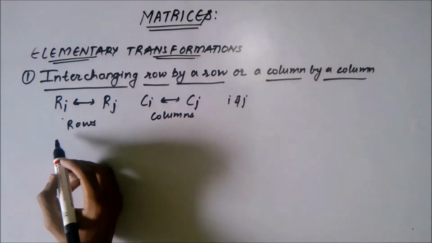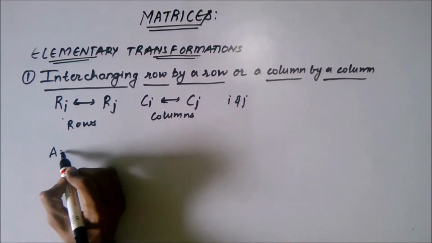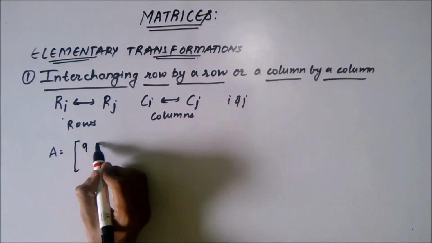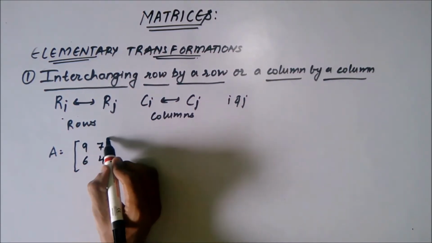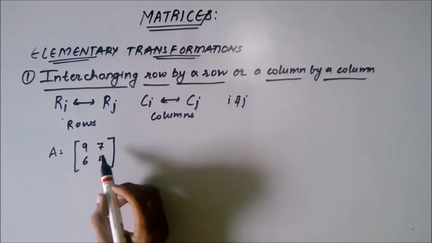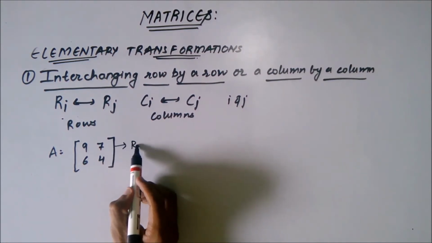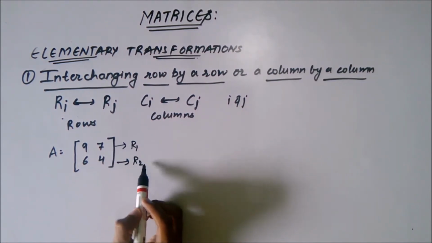So let's take an example. Suppose A be a matrix 9, 7, 6, 4. So suppose this is the row 1, this is row 2.